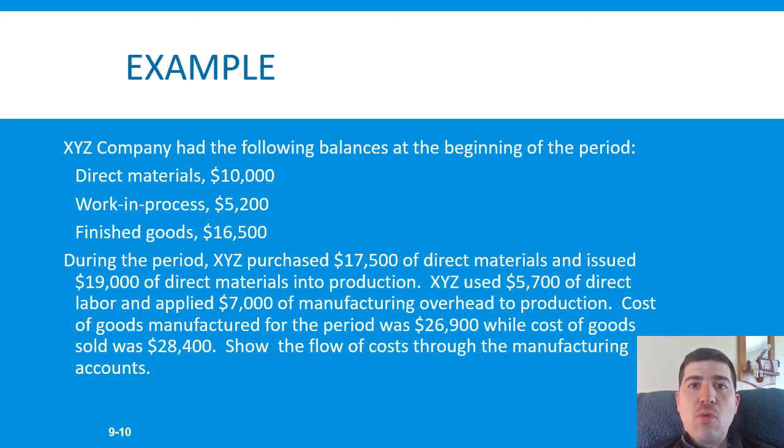You will figure out in just a little bit here and see just how easy it is to know where all of your money is. If you're running a business and you don't know where your money is and what you have done and how much you've sold and what you have in direct materials, you really don't know what's going on.